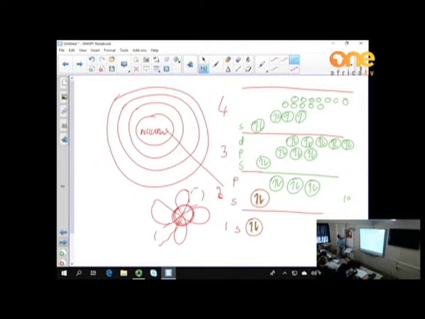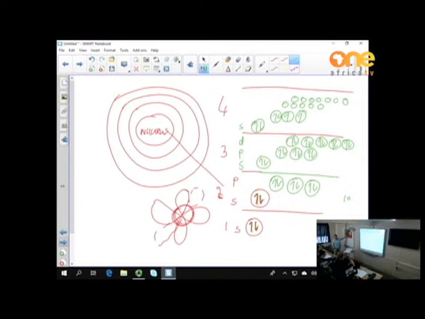These are D block elements. So their electrons will lie in the D shell or subshell. F. Okay. So we have S, P, D, and F block elements.